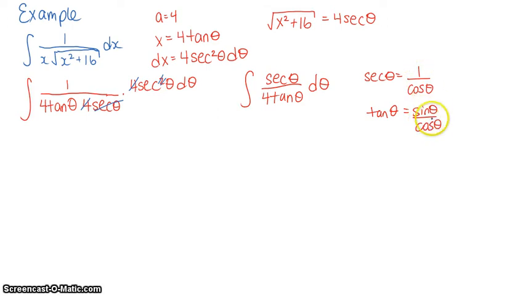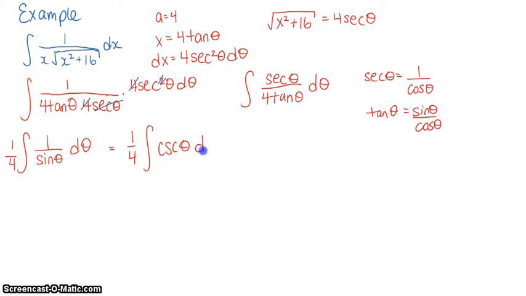So if I'm dividing these two, you multiply by the reciprocal, and then you get 1 over sine. So we get that. Hopefully everybody's okay with multiplying by the reciprocal and crossing out your coses. Now we know that 1 over sine is the same thing as cosecant theta d theta.